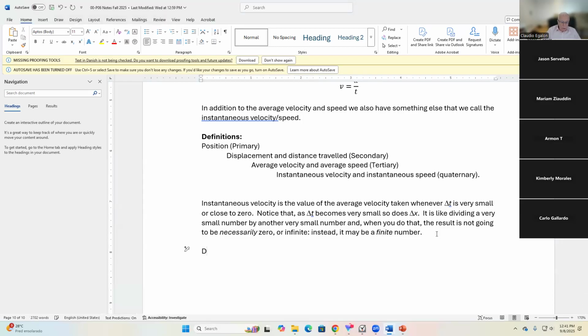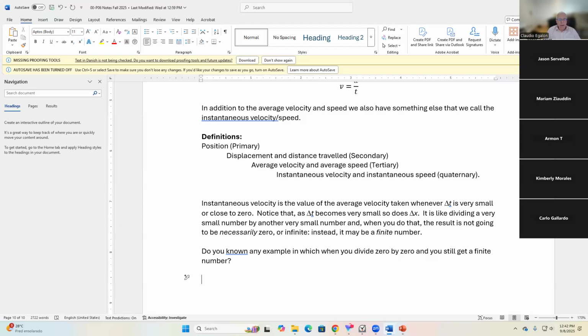Do you know any example in which you divide, let's say, 0 by 0, and you still get a finite number? Do you know any example like that?